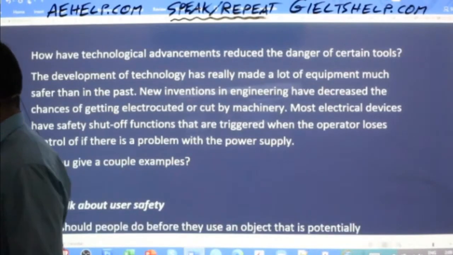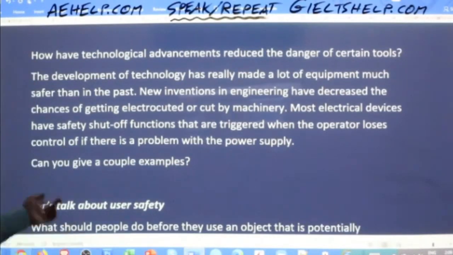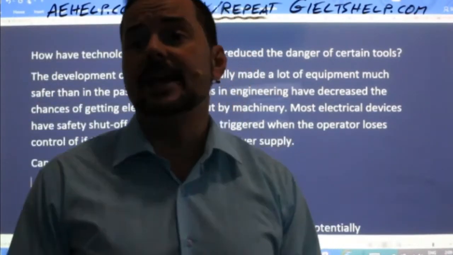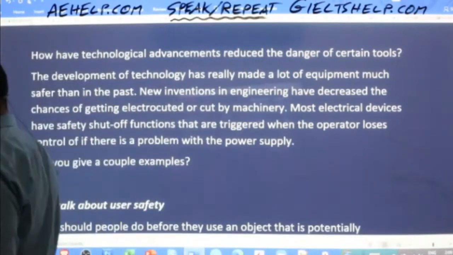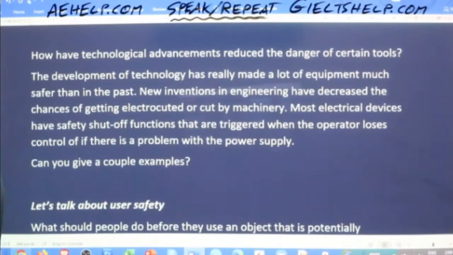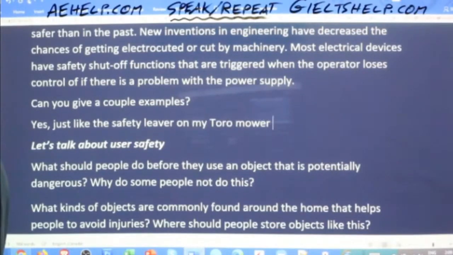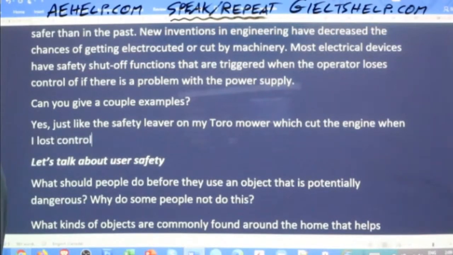Okay. And then the examiner might say, well, can you give a couple of examples? All right. And Nick Hill, you already gave the example of the iron, so you'd want to give a different example. Here I can make a connection to the mower because I talked about that in part 2, right? So yes, just like the safety lever on my Toro mower, which cut the engine when I lost control.